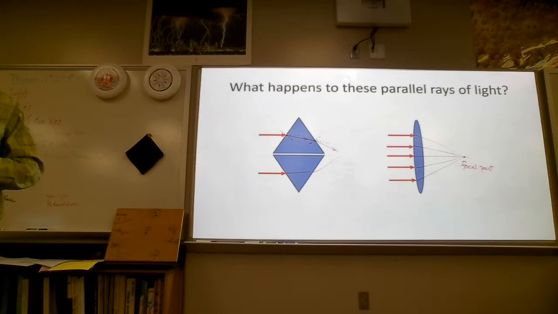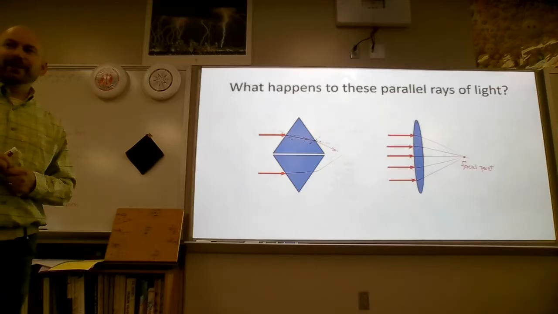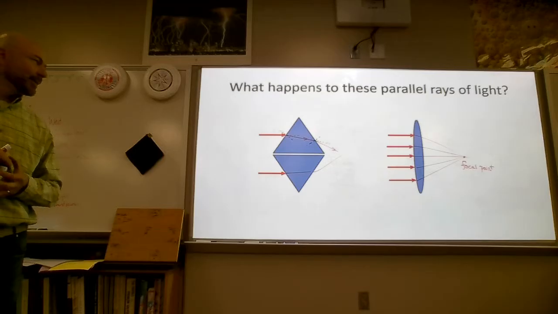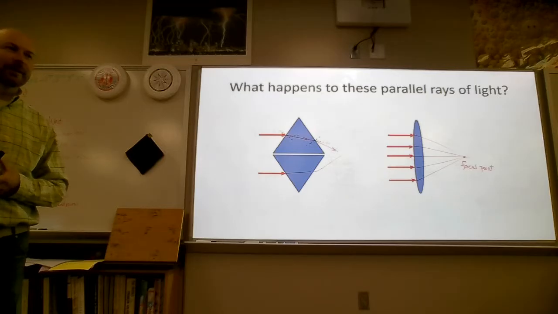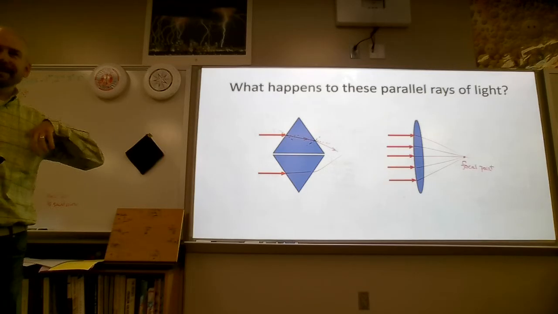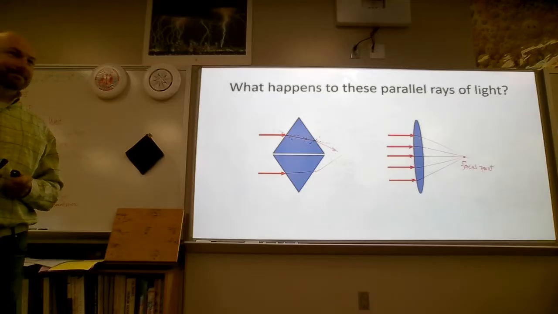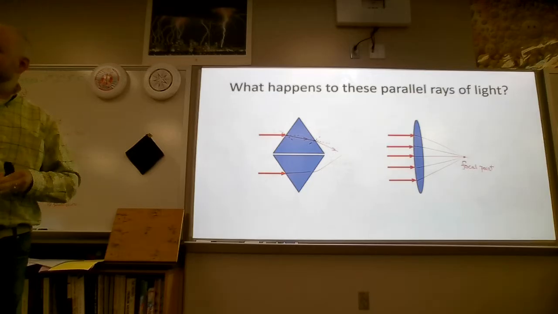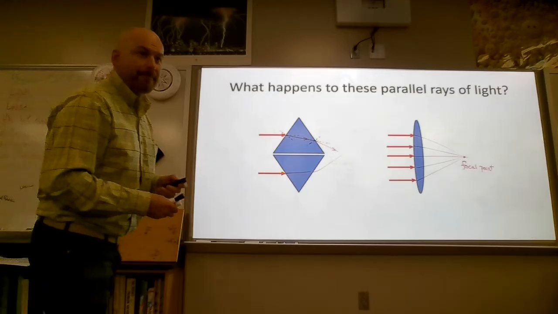If you haven't done that, I'm sorry, it's a deprived childhood. Go out with a magnifying glass and the sun and burn something you don't care about that you can put out easily. Okay, this is known as a converging lens, and it makes the light rays converge.